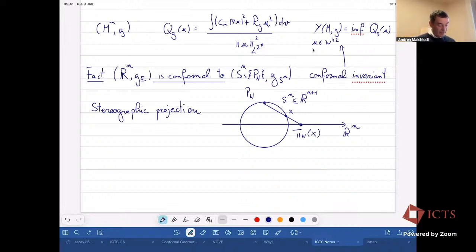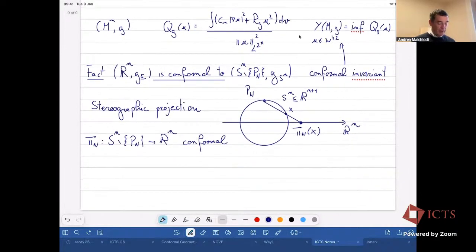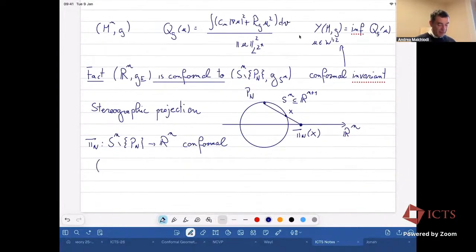Okay, so pi_n is a map that sends S^n minus the North Pole into R^n. And this is a conformal map. So it means that it preserves angles.